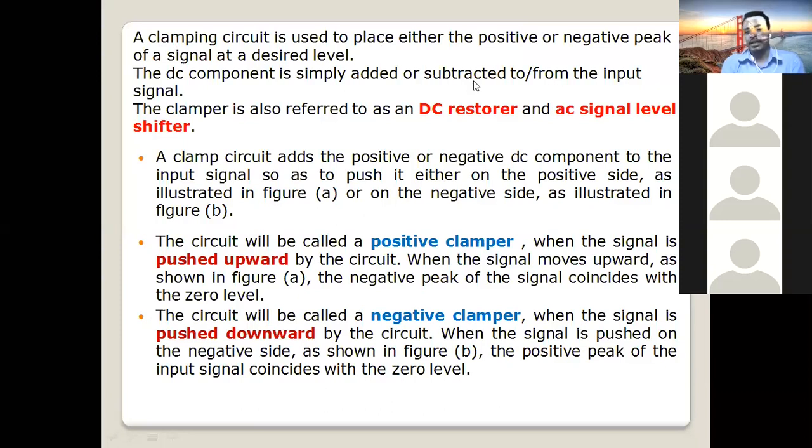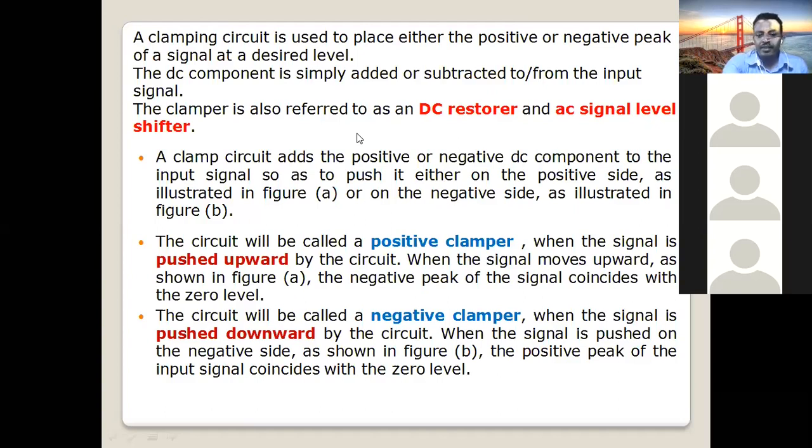That's what we call a clamper circuit. A clipper circuit is used to remove, cut some portion of a signal. But a clamper is to shift your signal either upward or downward by some DC voltage. DC means here the average voltage.